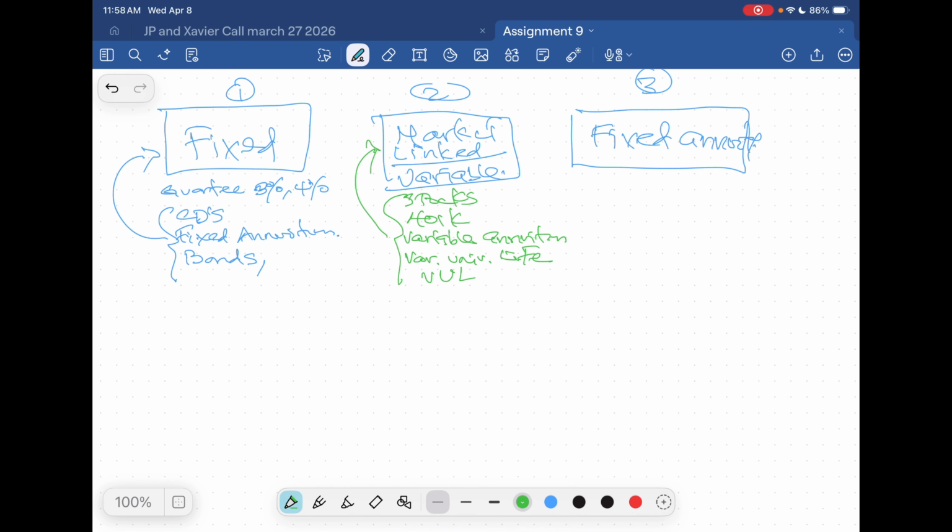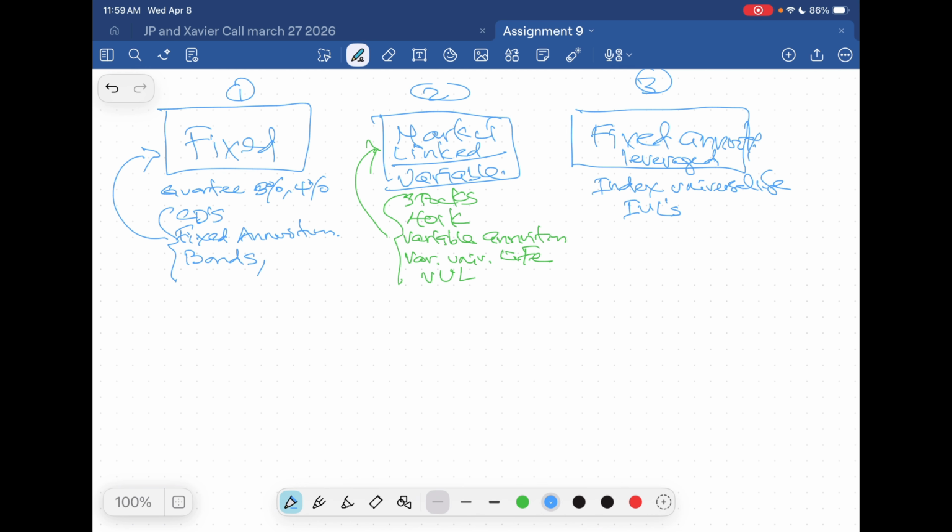Fixed index, also known as leveraged, is what do we have here? We have index universal life, also known as IULs.